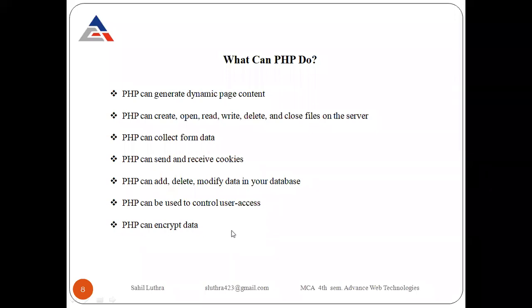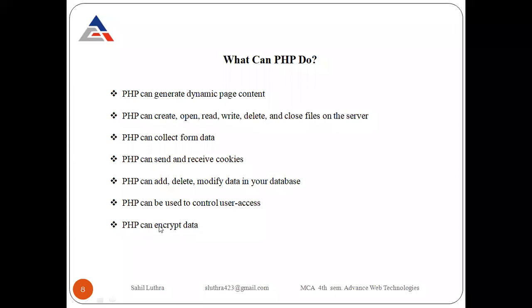This is one of the basic advantages of PHP. Encrypt means it provides you a basic security layer. So what is encryption? Basically, encryption is a means of securing digital data using one or more mathematical techniques.